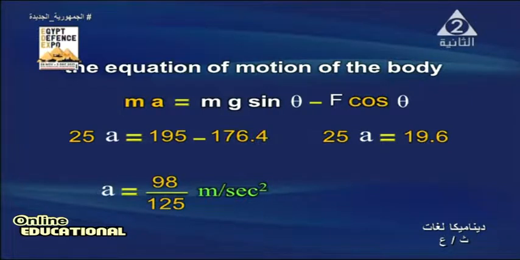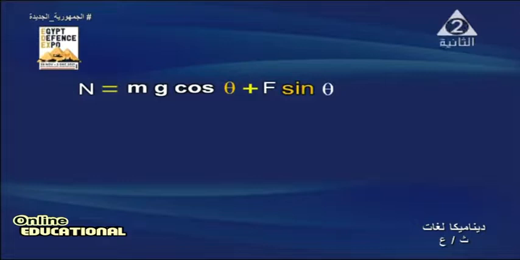Now, the second required is the reaction of the plane. The reaction force of the plane N equals mg cosine theta, which is the component of the weight in the direction perpendicular to the plane, plus F sine theta, which is the component of the force in the direction perpendicular to the plane.